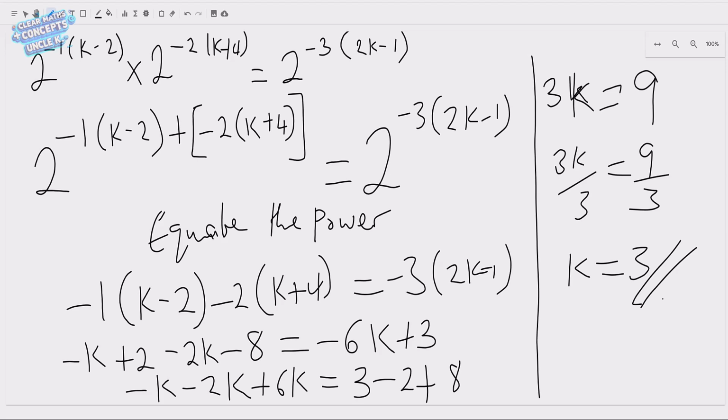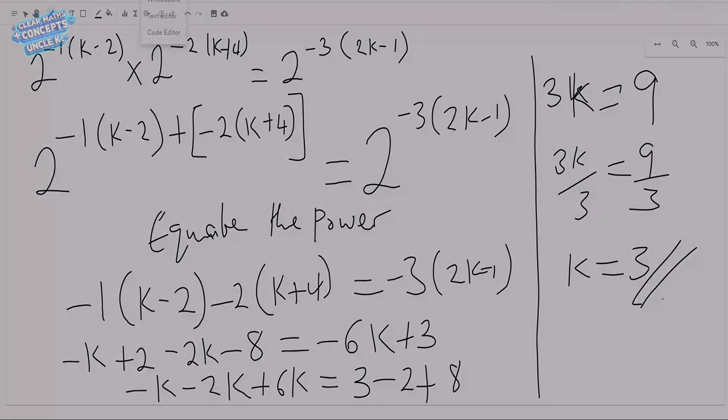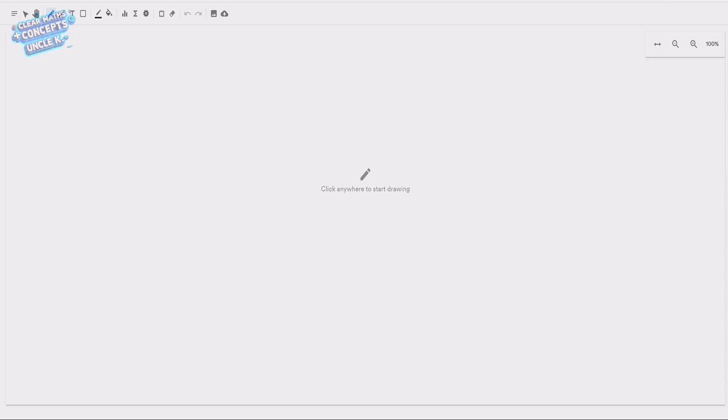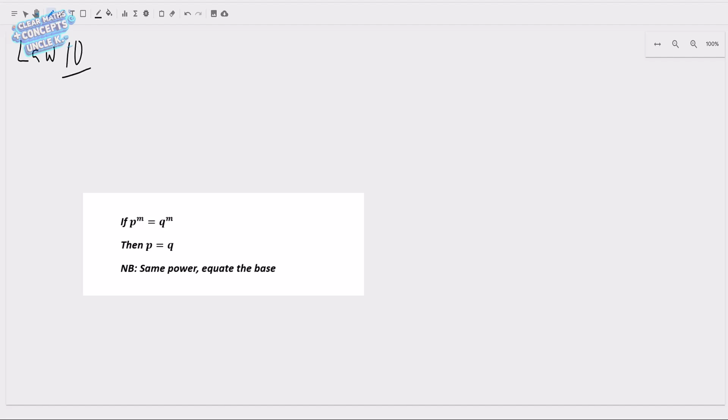So let's go to the next law, which is the last one. It's similar to the one we just did. So that's law 10. It says if p raised by m equals q raised by m, now both are m.